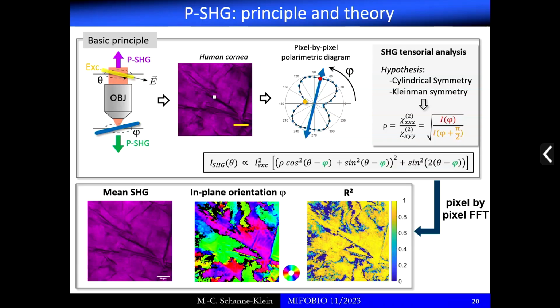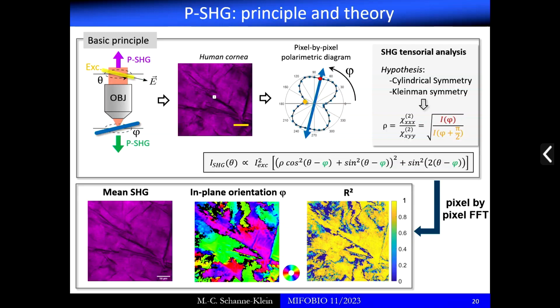But if we look at the phase of the different Fourier components, we can retrieve the orientation that is coded using this color wheel, so it's HSV coding, and you see that here we have fibers in this direction, here this one, so we see the direction of the fibers in the collagen lamellae in cornea, while it's not possible using another technique.